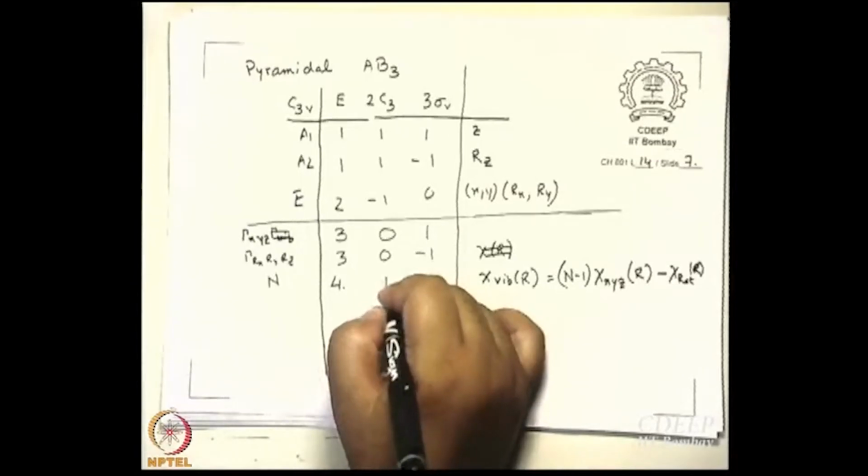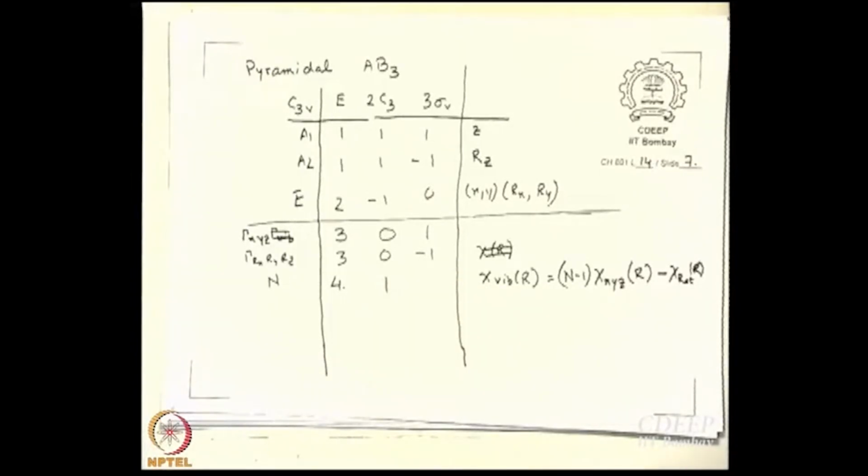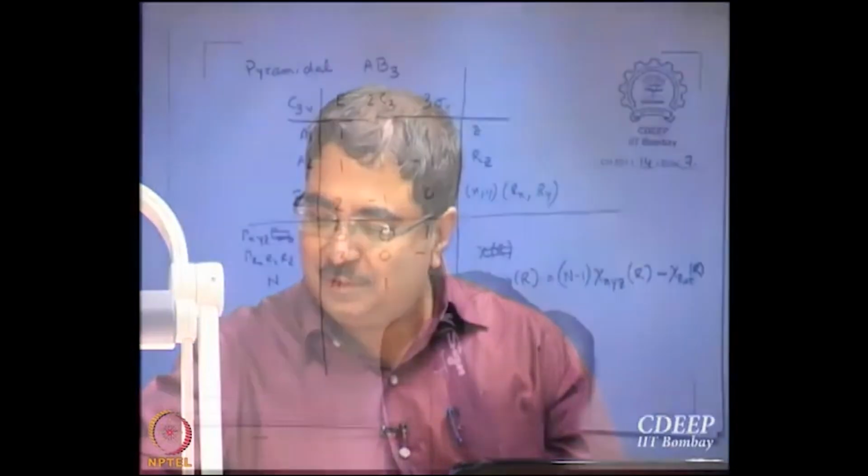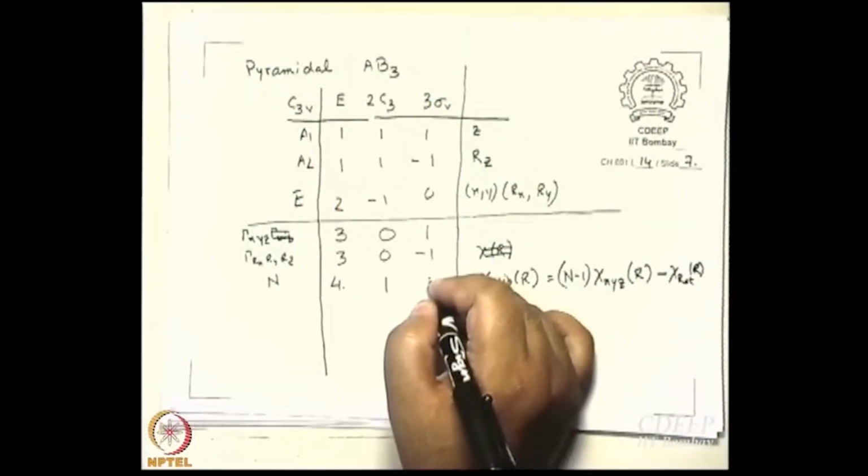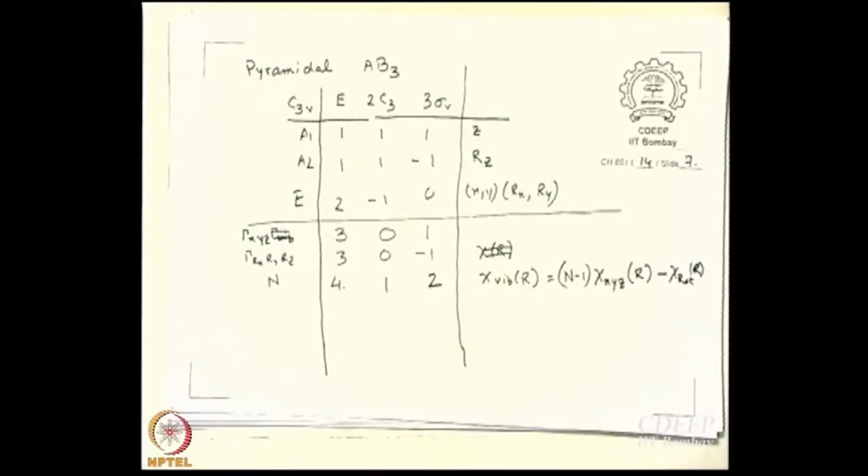Very good. What about sigma v? 2. Sure? Not 3? Okay. 2 atoms and a ghost atom. If it is ammonia, for example, that lone pair is called a ghost atom, but we do not consider ghosts. So, this is 4, 1, 2. Now, it has become a little simple, isn't it?